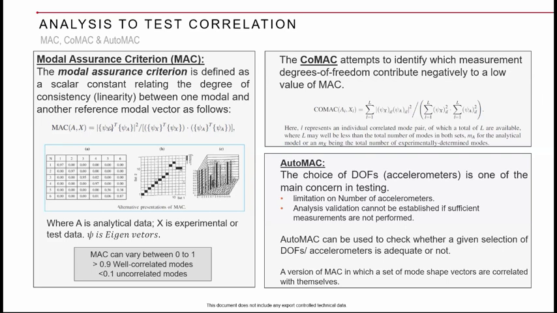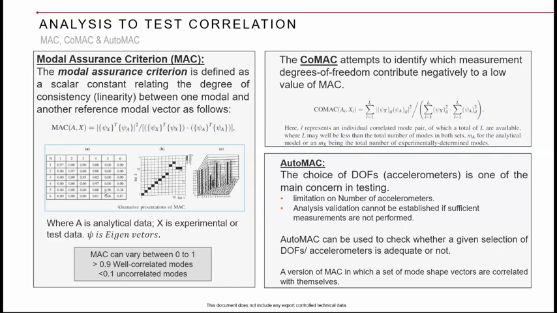So we are trying to get eigenvectors from the experiment and the analysis, and then based on this expression, which is dealing with the least square approach, you get the correlation matrix between the analysis modes and the test modes. So whatever mode has a MAC number more than 0.8 or 0.9, we can always consider them to be well correlated. Okay. And which are off or not correlated well, for example here 0.56, for instance, or 0.38.